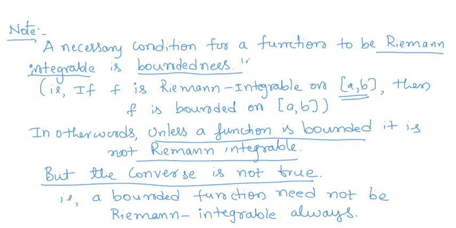So a bounded function need not be Riemann integrable always, right? To discuss the Riemann integrability, we need boundedness, but boundedness will not directly imply the function is Riemann integrable. So we observe that the converse is not true. That is, a bounded function need not be Riemann integrable always.